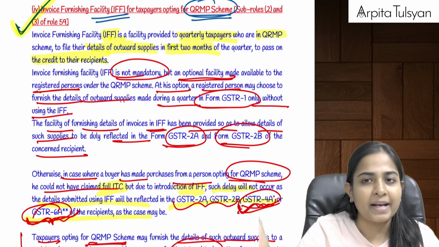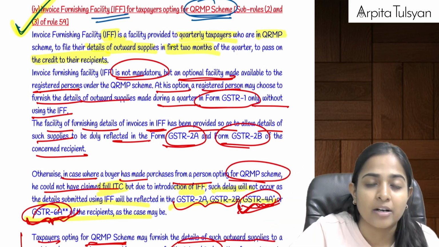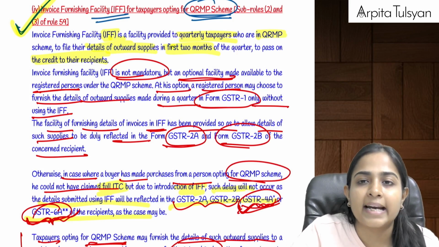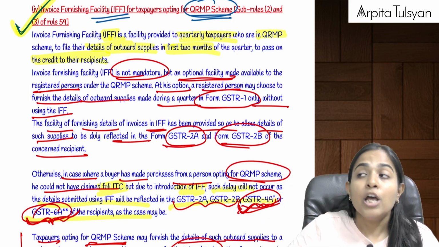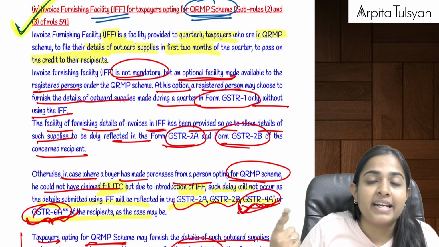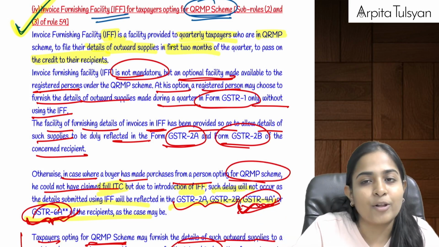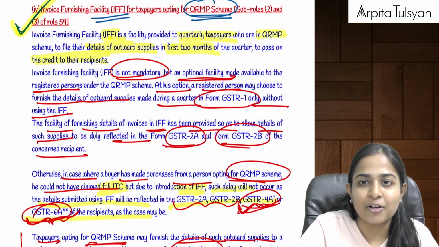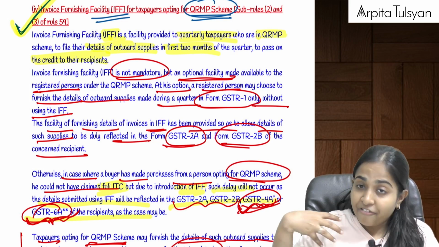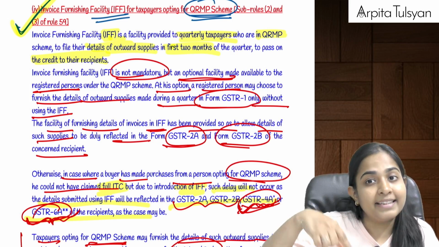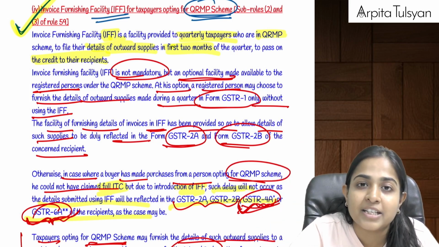Inward supplies go in its GSTR 2B and 2A, and eligible ITC goes in its GSTR 2B. So if the recipient wants to claim a credit of the same, that credit can be taken on the basis of ITC reflected in GSTR 2B.